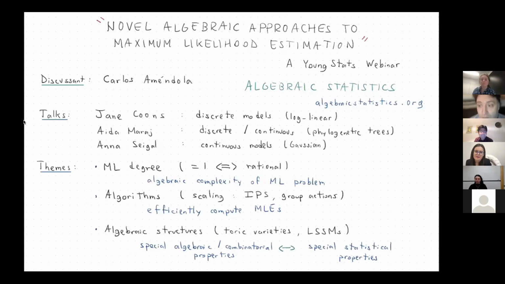In general, he wonders whether the maximum likelihood degree is somehow related to how hard it is to find exactly the ML estimate. It was for Jane or Aida, but any of the three, or Carlos, please just reply.